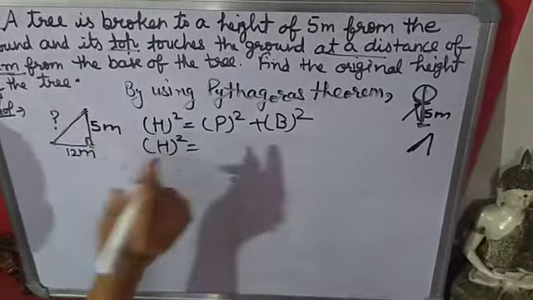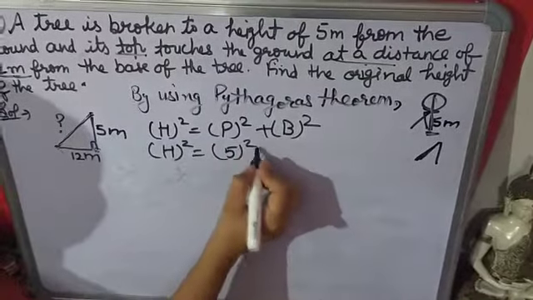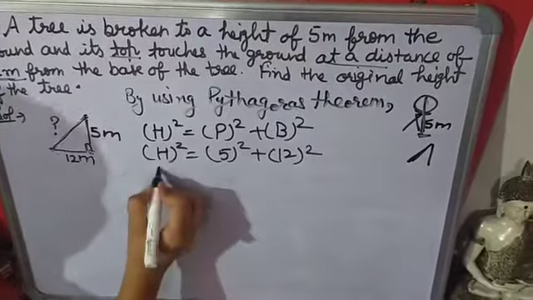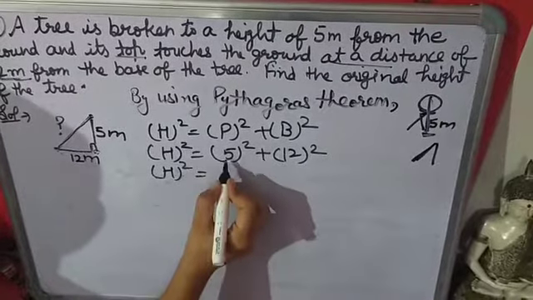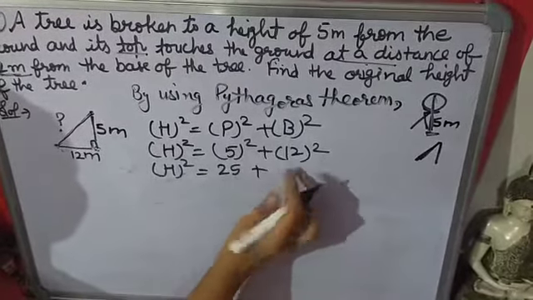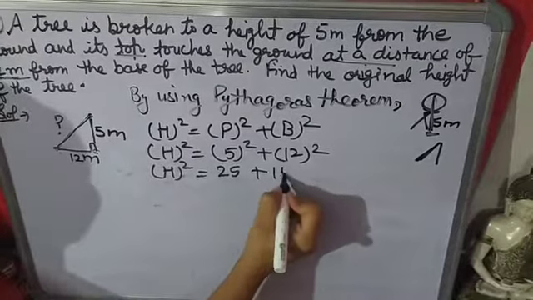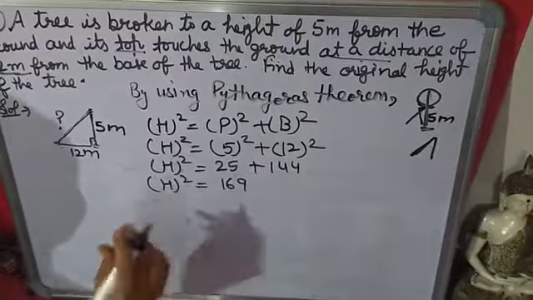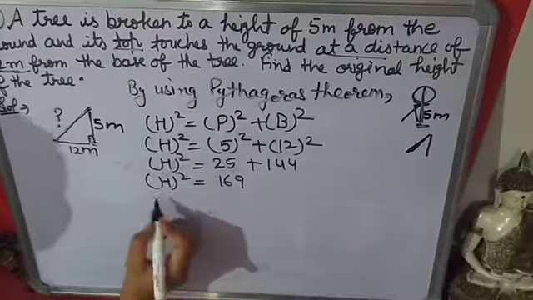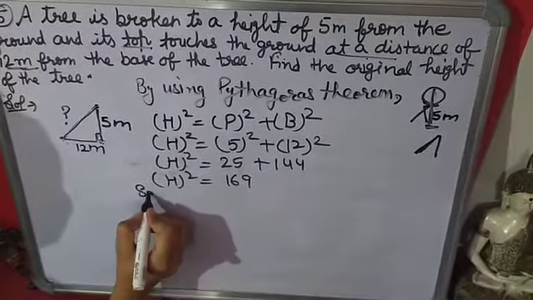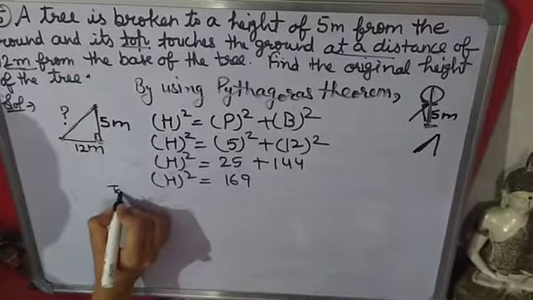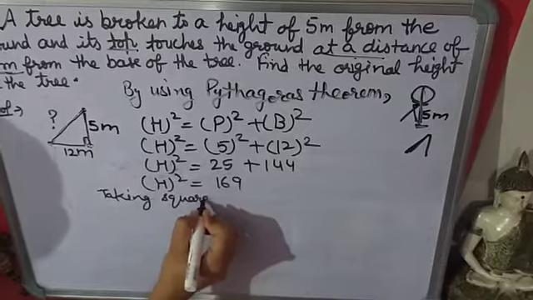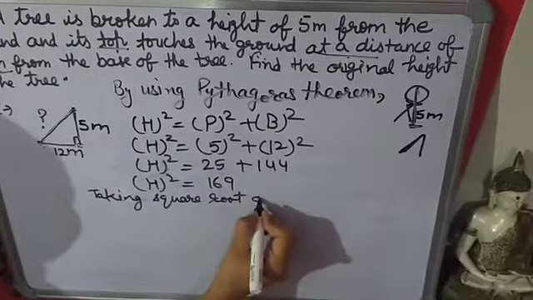Perpendicular is given, that is 5, and base is given, this is 12. So what is the square of 5? 5 5s are 25. Square of 12, 12 12s are 144. Now add it. 169 will come. Now you have to remove this square, so taking square root on both sides.